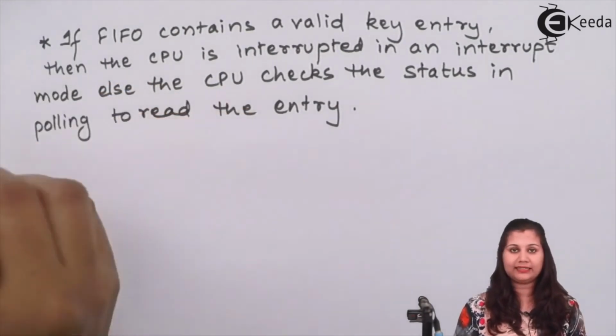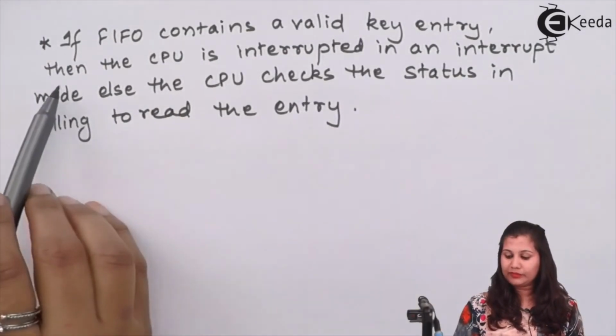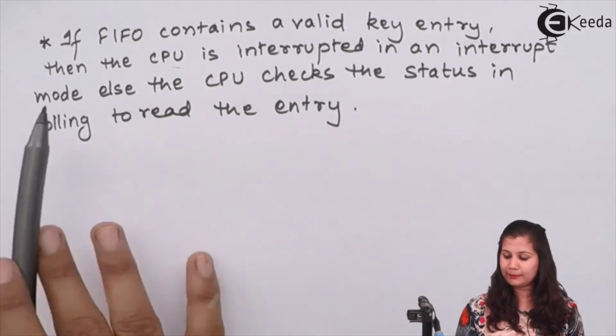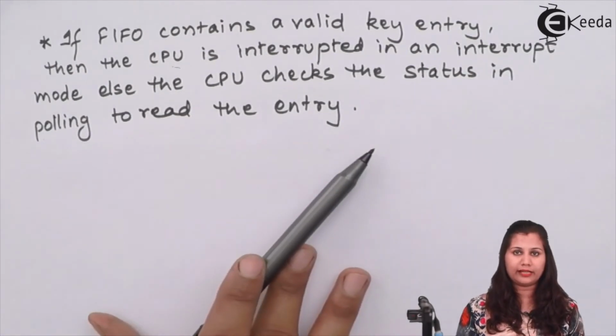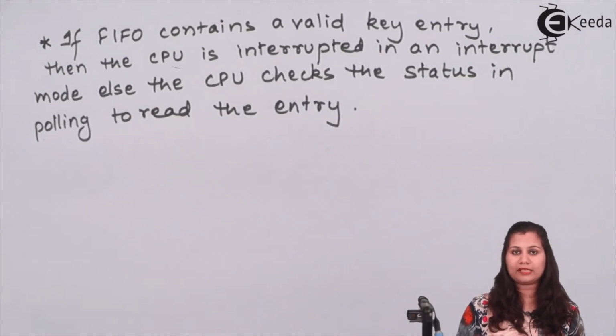So if the FIFO contains a valid key entry, then the CPU is interrupted in the interrupt mode, else the CPU checks the status in the polling mode to read the entry. As I have said earlier about how we can interface the keyboard with the CPU, I have explained the two modes, interrupt mode and polling mode.